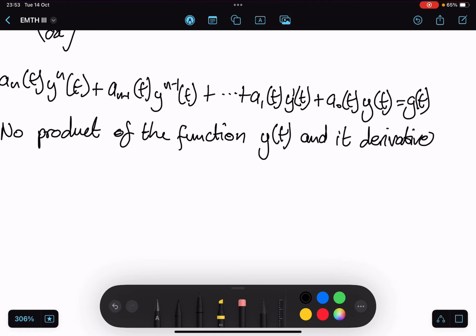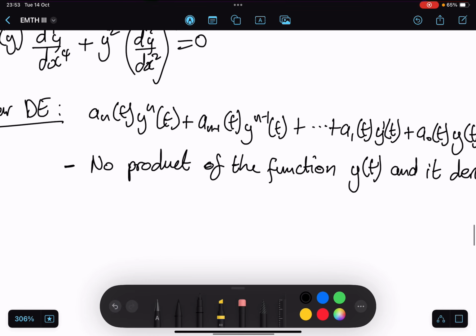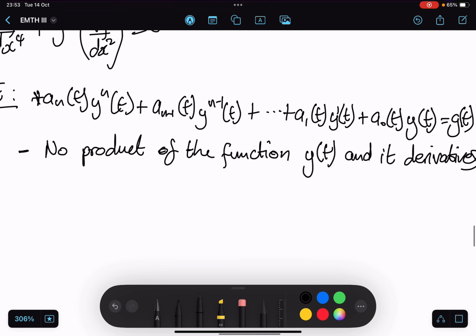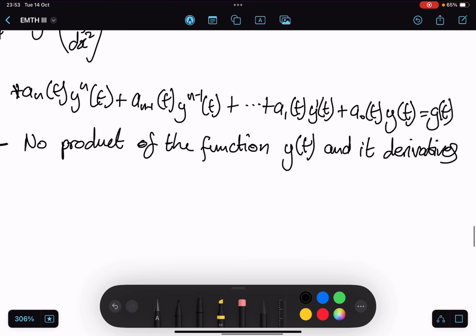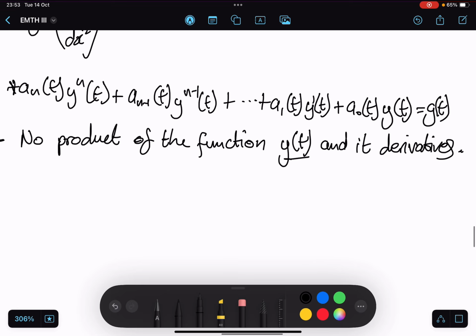This is very important. That's the major thing.